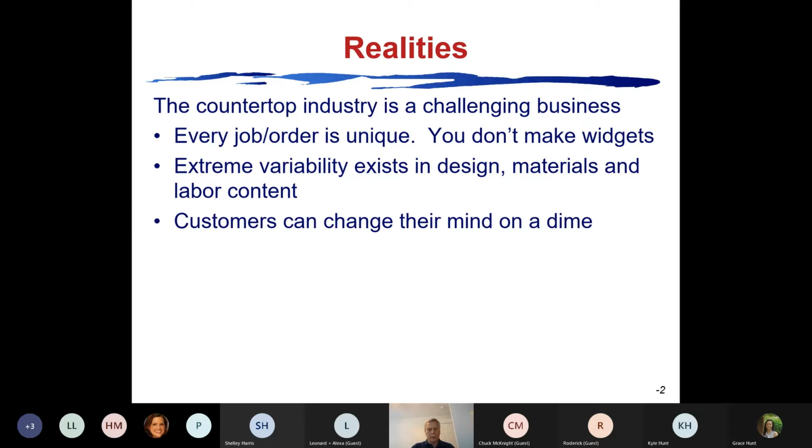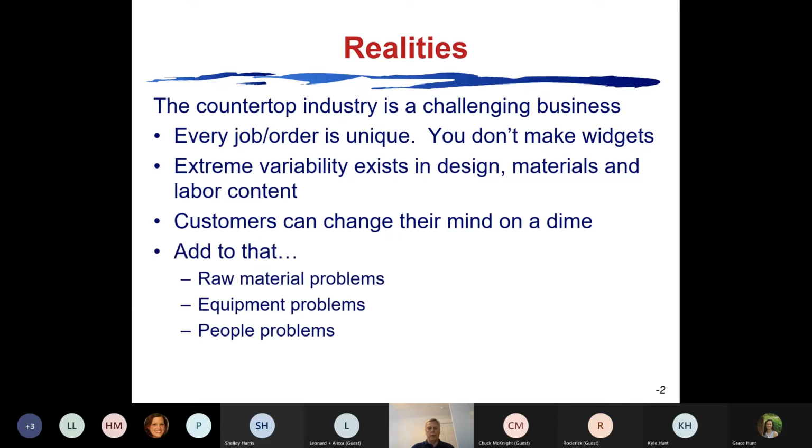They change often after template. You can accommodate those changes to a point, but at some point it becomes very problematic for you. So, again, we need a system to deal with that and make it easy for you to do business with, but at the same time run your business in a way that makes you a profit.